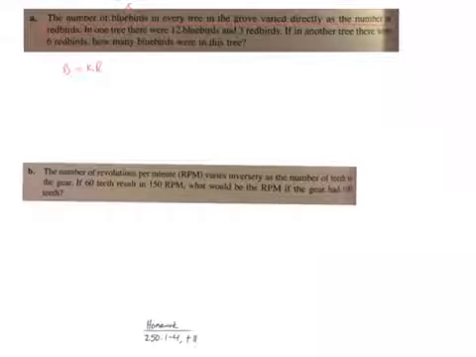Okay, so now we have an equation with 3 things that we don't know: the number of bluebirds, the K, the constant, and R, the number of redbirds. Then it gives us one situation. It says in one tree there are 12 bluebirds and 3 redbirds. So I know B is equal to 12 when R is equal to 3.